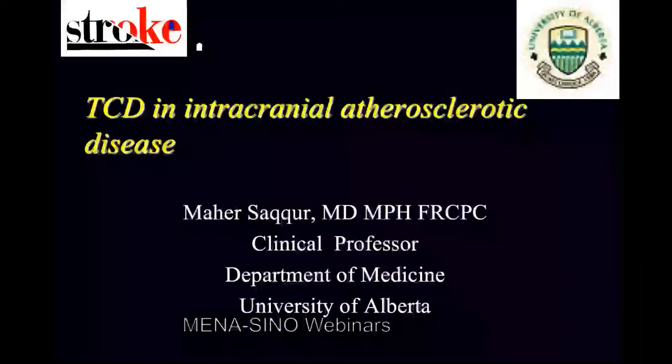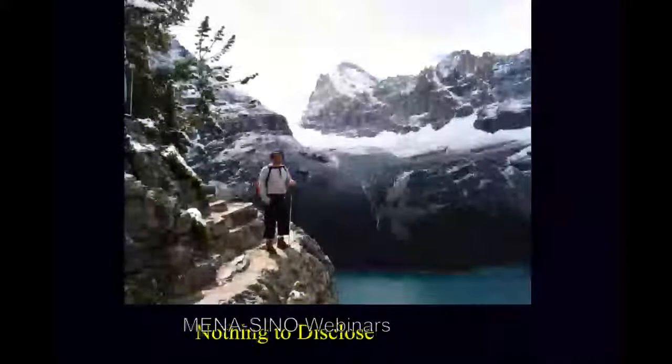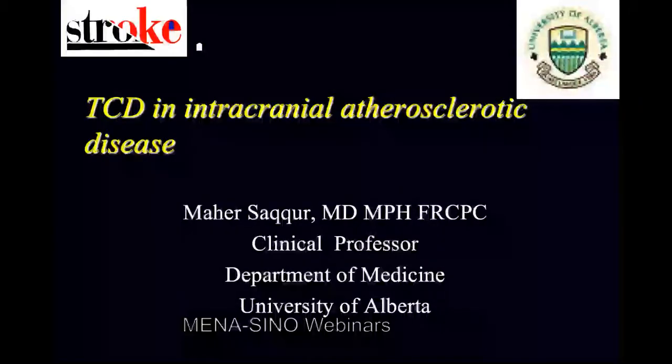He is a clinical professor of neurology at the University of Alberta, Canada, and his talk will be on the continuing dilemma of the difficult situation in recanalizing acute ischemic stroke patients. Intracranial atherosclerosis is one of them, and he will give us the topic of TCD evaluation, transcranial Doppler evaluation, in intracranial atherosclerotic patients. Please, Dr. Maher.